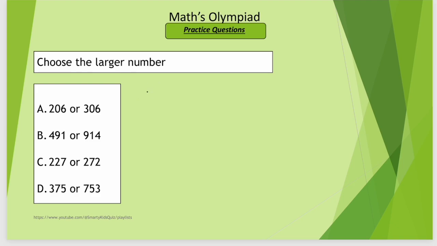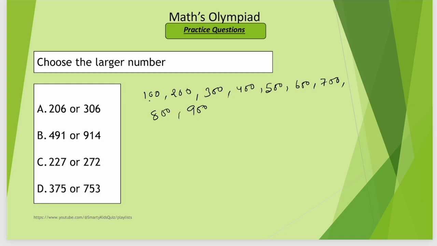Just for simplicity, I'll write 100, then 200, then 300, 400, 500, 600, 700, then 800 and 900. So these are all hundreds. These are all hundreds places, if you remember, right?